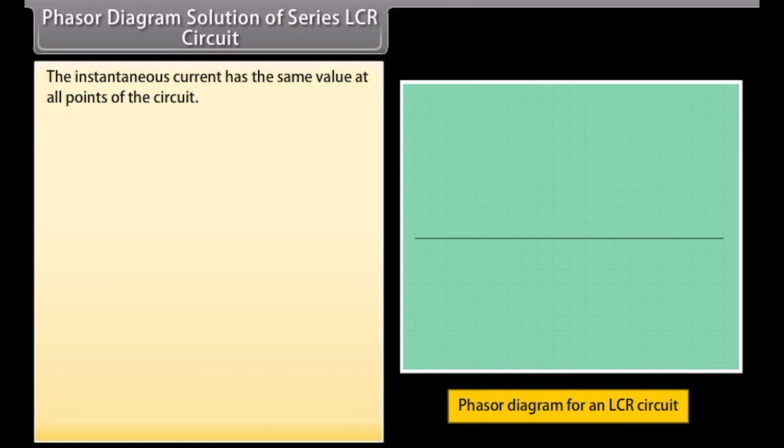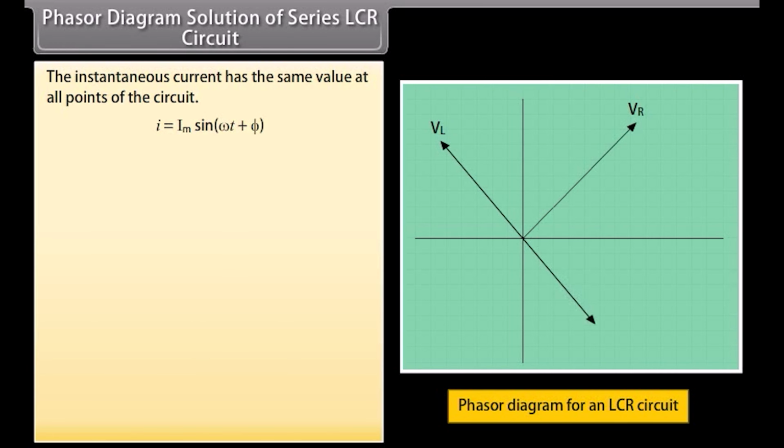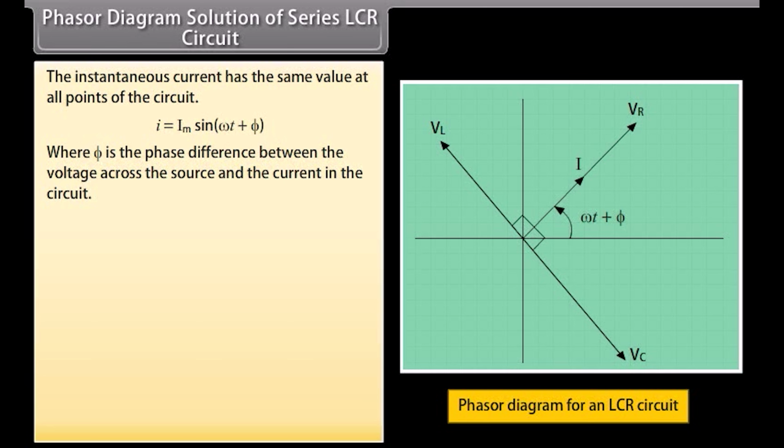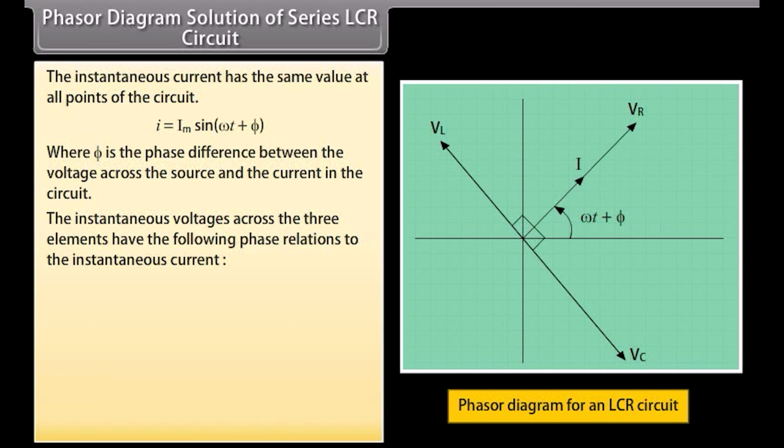The instantaneous current has the same value at all points of the circuit. I is equal to Im sin (omega t plus phi), where phi is the phase difference between the voltage across the source and the current in the circuit. The instantaneous voltages across the three elements have the following phase relations to the instantaneous current.